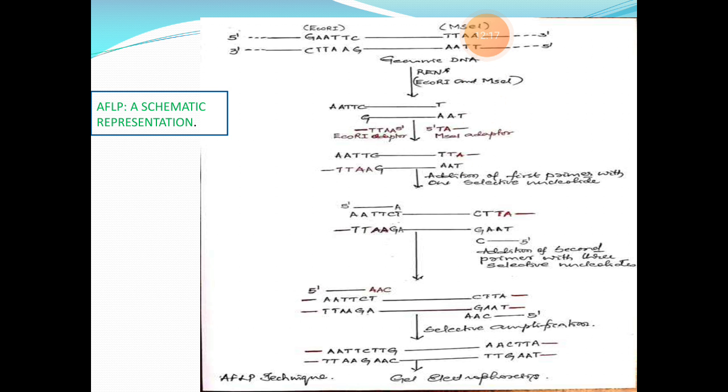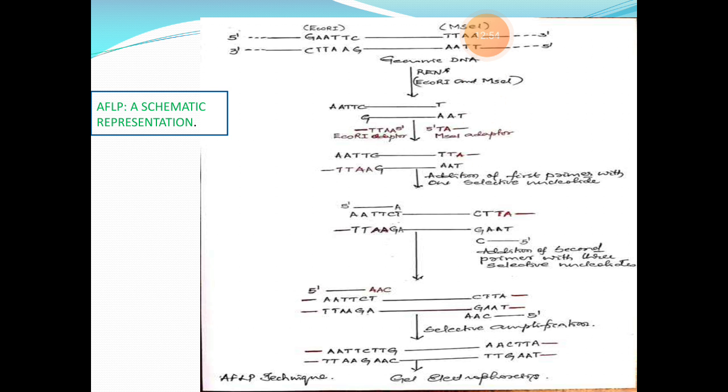A genomic DNA is isolated and digested simultaneously with two restriction endonucleases, EcoR1 and MSEL. Okay, then the two enzymes will cleave the DNA and result in small fragments less than 1 kb, which are amplified by PCR. To do this, the DNA fragments are ligated with EcoR1 and MSEL adapters. These common adapter sequences serve as primer binding sites on restriction fragments.